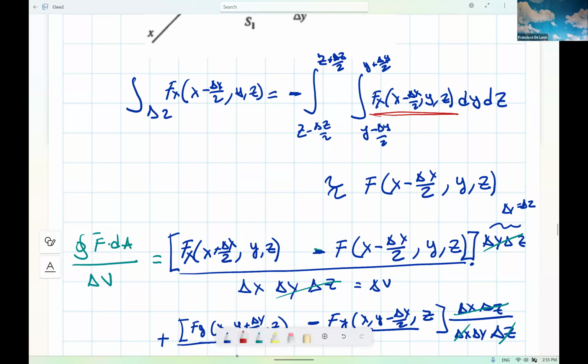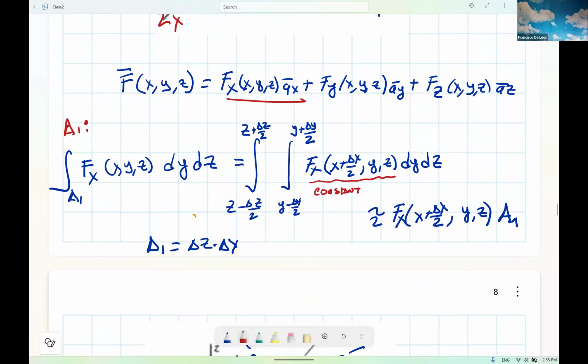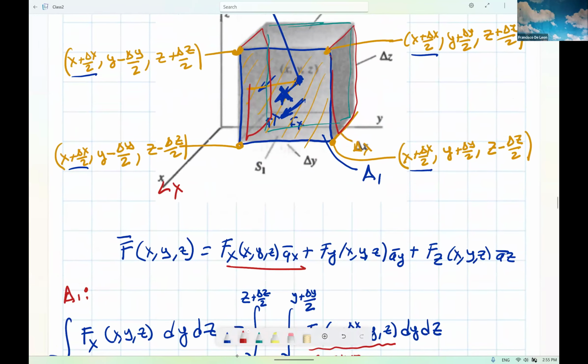The integration becomes a multiplication by delta y and delta z. That's what it means, that I am considering these things constant. And this thing is taken out to the surface. So it's not in the center, right?